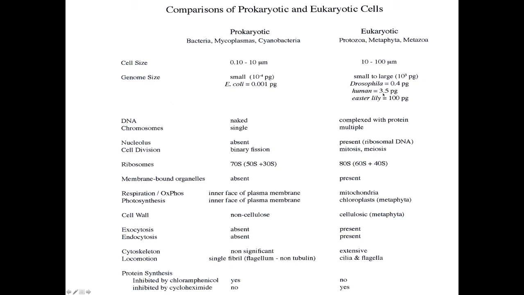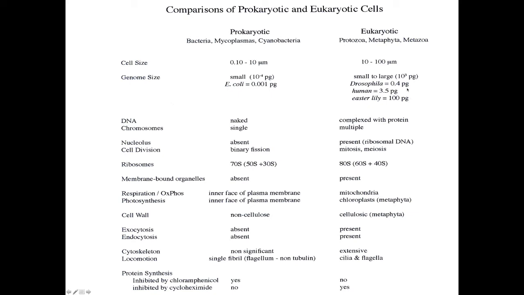Humans have about 3.5 picograms of DNA. These are both clearly more complex organisms than an E. coli, which has 0.001 picograms of DNA, but we like to think that humans with 3.5 picograms of DNA are probably more complex than some plants, which can have up to 100 picograms of DNA.